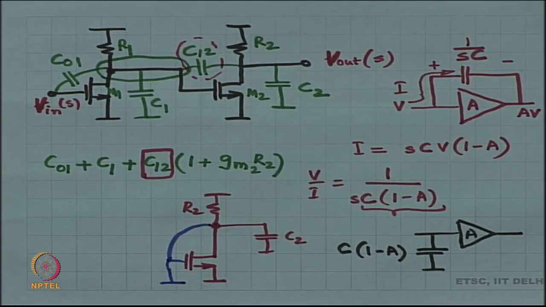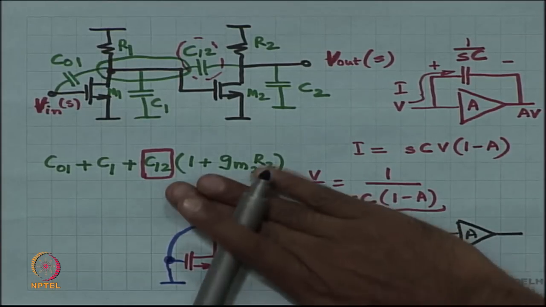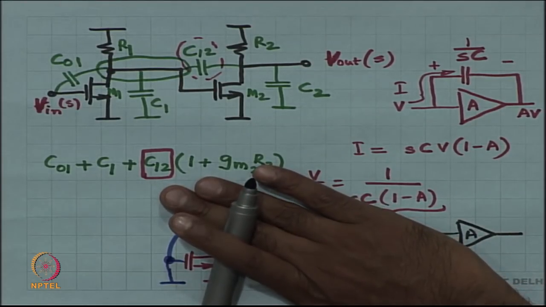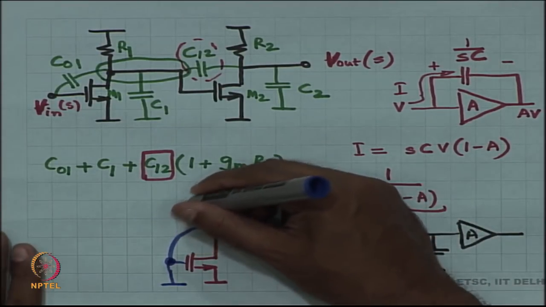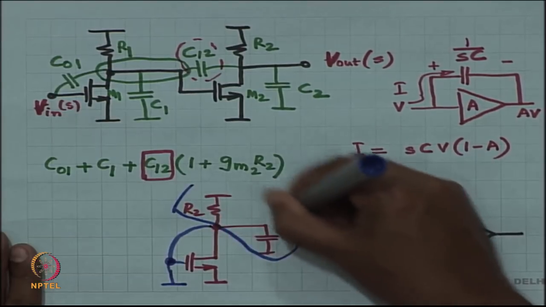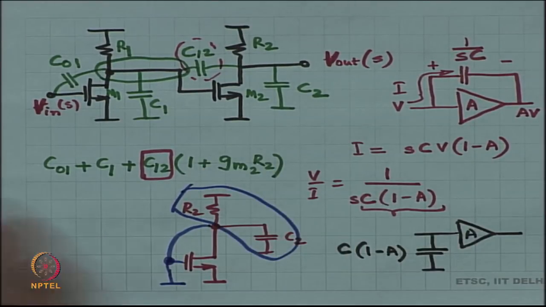So this is a big short circuit. Let us not again worry about R1 C1. Let us throw them out of this picture. Sorry, let us not worry about R2 C2.